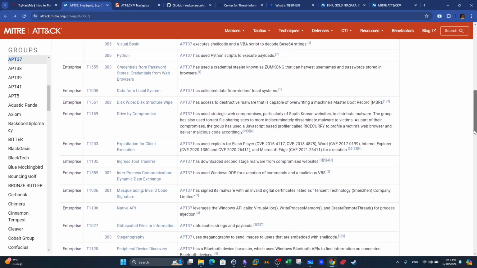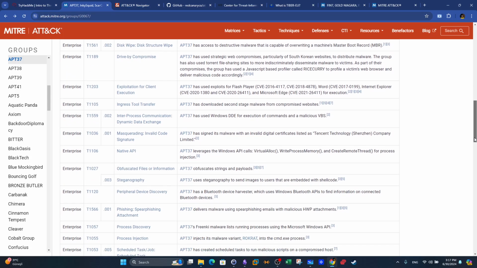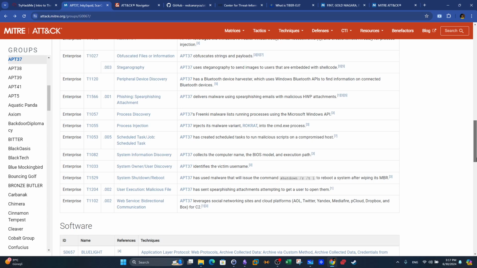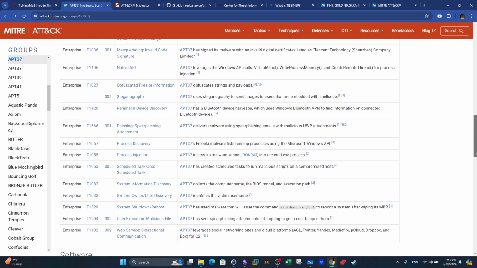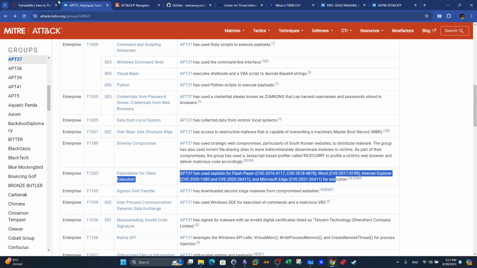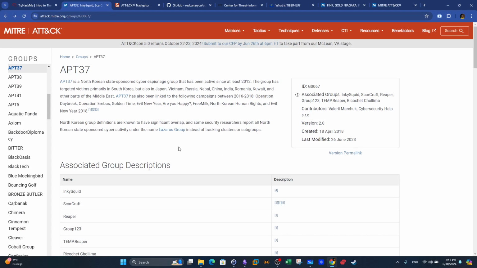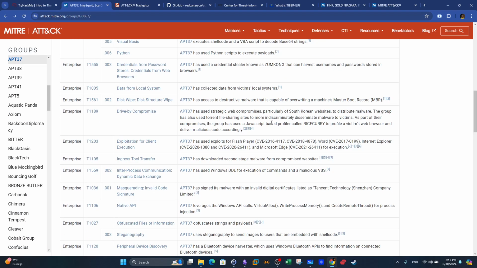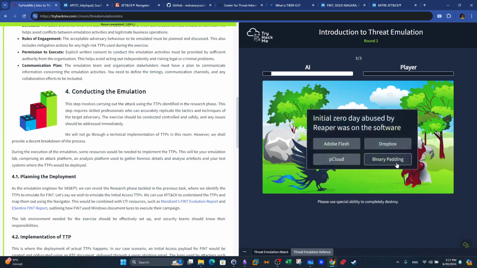So if you go here, I'm going to look for this one. These are the CVEs they exploited. Okay, I'm going to find which one from here. Oh no, go back. From here we can see that they have exploited Flash Player, Word, Internet Explorer, and Microsoft Edge. Not Dropbox, not binary padding, not pCloud, but Adobe Flash.